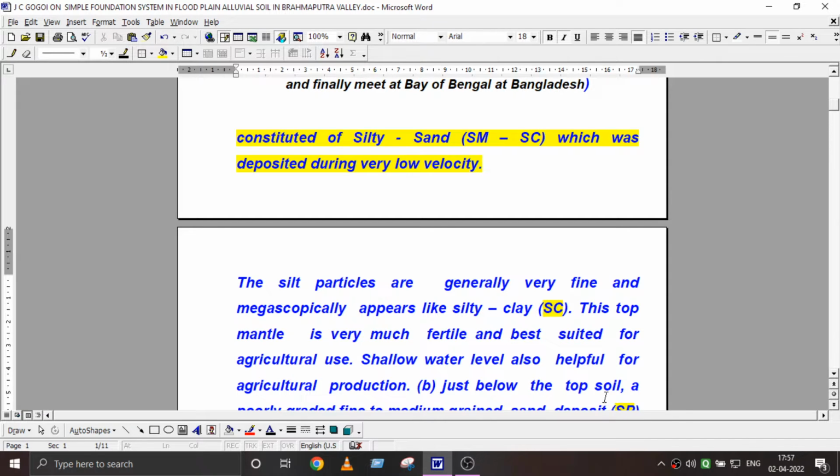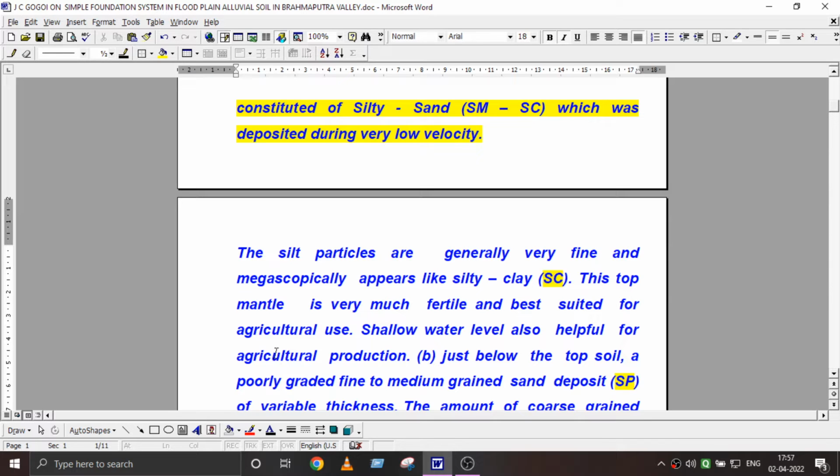Just below the topsoil, at 0.5 meter to 1 meter, there is poorly graded fine to medium grain sand, which we can classify as SP, of variable thickness, generally across the entire Brahmaputra Valley, north bank and south bank, but south bank soil is a little different since it is coming from the nearest hills.